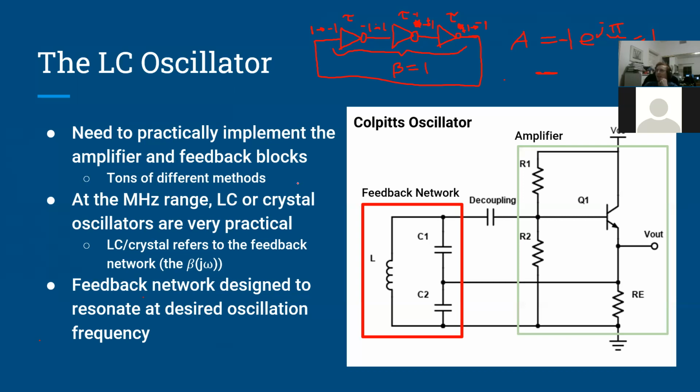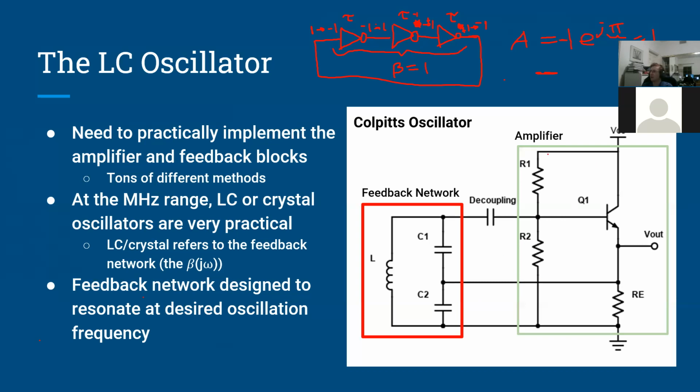So anyway, back to the LC oscillator, which is what we're actually going to be building. This diagram here shows a particular type of oscillator called a Colpitts oscillator, which I think is one of the most simple oscillators, but it's also widely used. So how does it work?